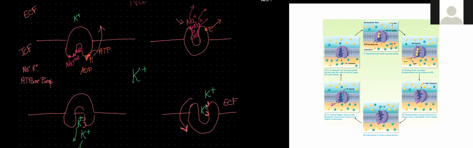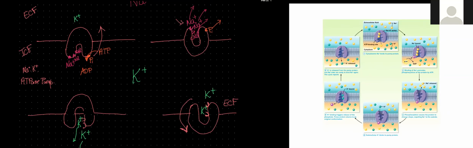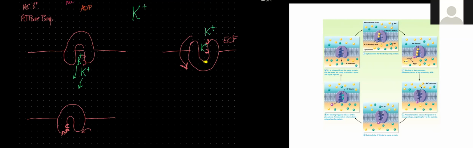Once the 3 sodium gets released, this will allow the carrier to expose 2 binding sites for potassium. And once the 2 potassium bind to the carrier, this will allow the carrier to rotate to face, again, the inside of the cell membrane, and will be releasing the 2 potassium to the inside of the cell and will be ready for a new cycle.